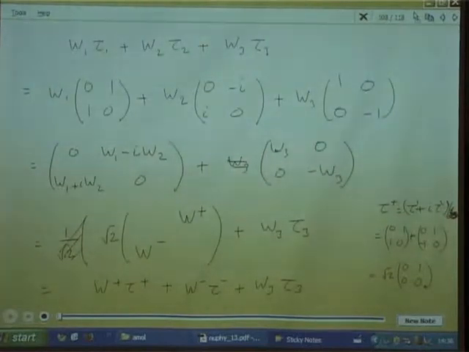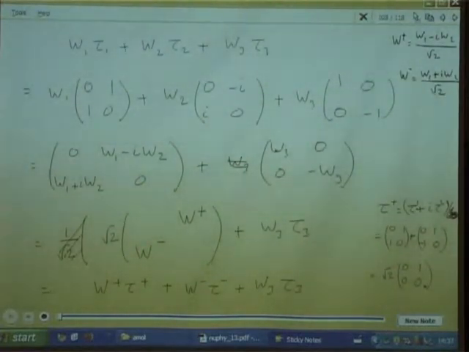Now, for this term, I define W plus as W1 minus iW2 over root 2, and W minus equal to W1 plus iW2 over root 2.